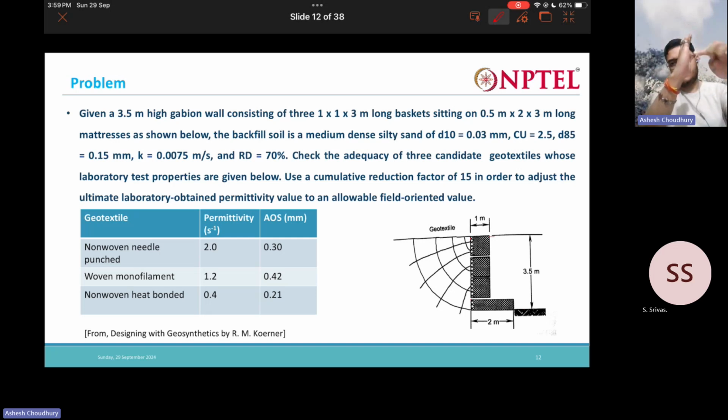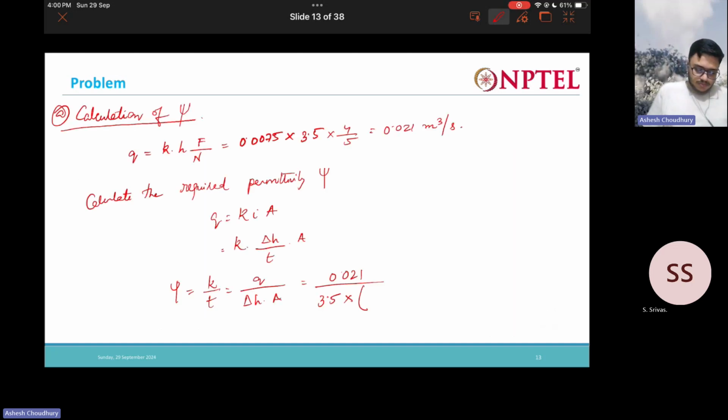This is 3.5, out of plane direction 3 meter. Sorry, what am I saying? Yes, total height is 3.5 meter, times 3 meter, right? So the total area of flow is that much. So find this out.